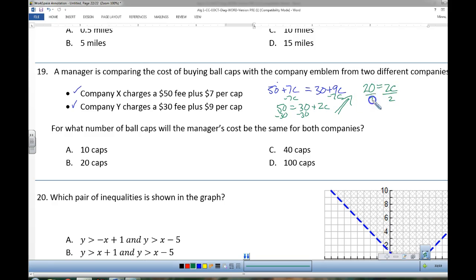Divide both by 2. C equals 10. 10 caps. 10 caps will be the point where the manager's costs are the same. If you order 10 caps from X and 10 caps from Y, you'd have the exact same cost.